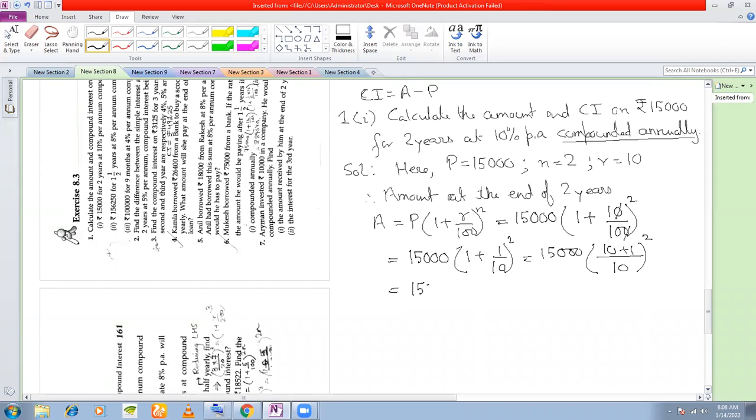So you get 15,000 into 11 by 10 whole square, which is 11 by 10 repeated twice. So 2 zeros cancel from here, and you are going to get 150 into 11 into 11.